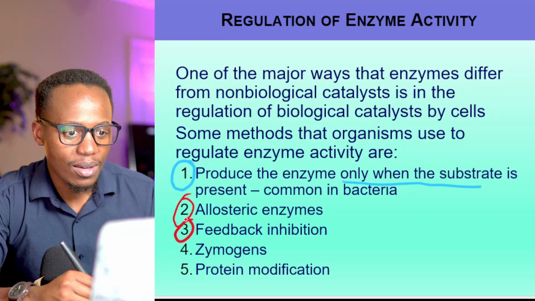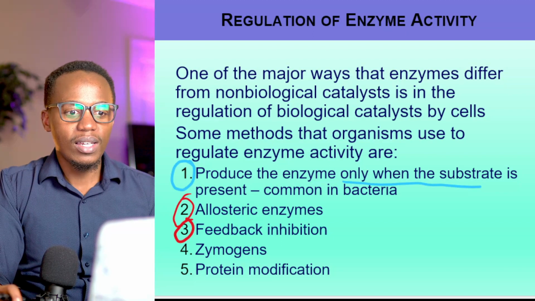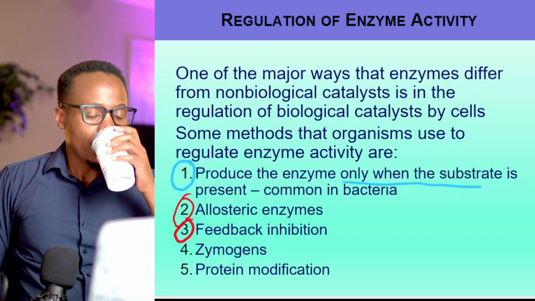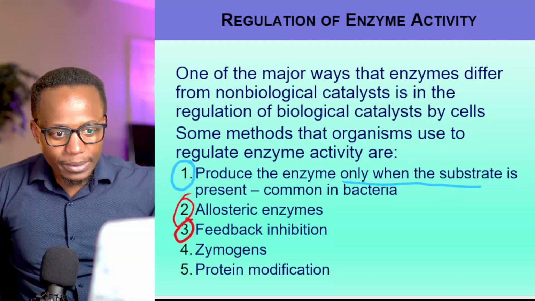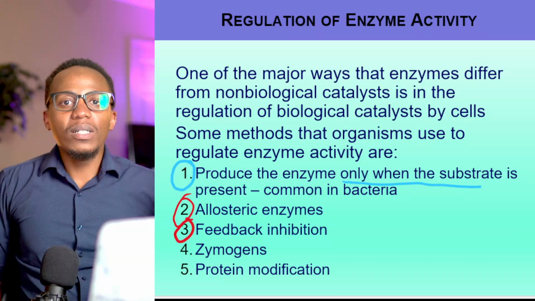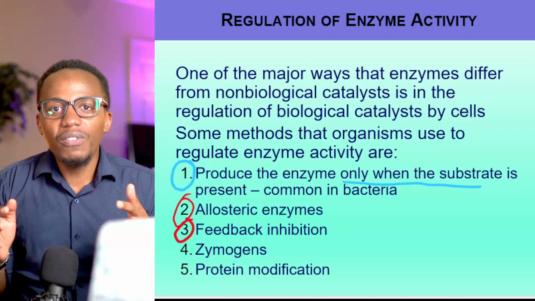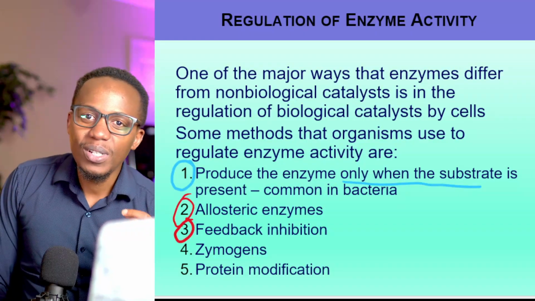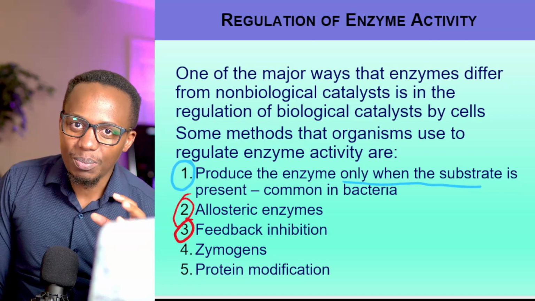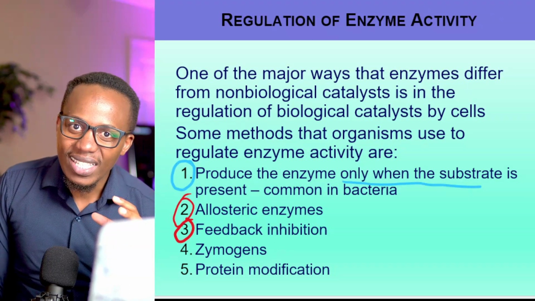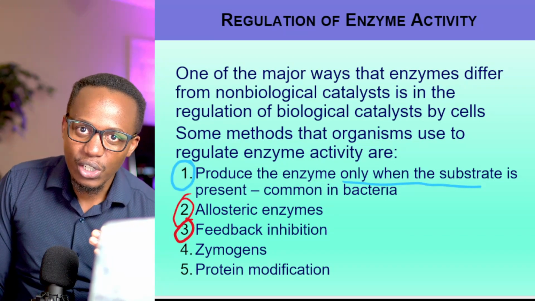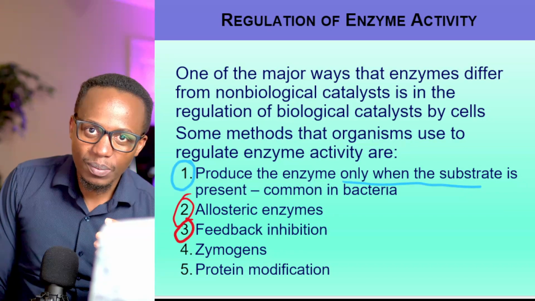All right, what's another way to regulate enzymes? Zymogens. Zymogens are immature versions of proteins. That's the best way to put it. It's an enzyme that is not fully formed. Something has to happen to it for it to start to work.